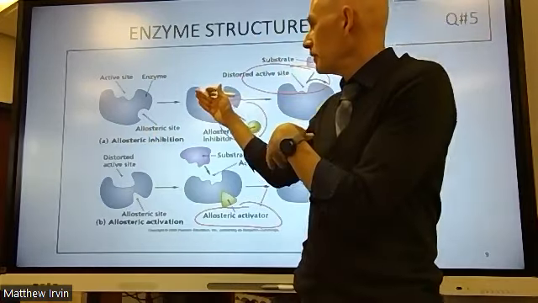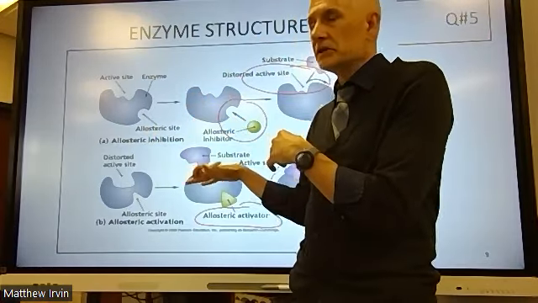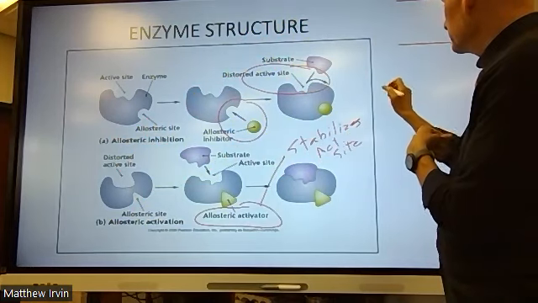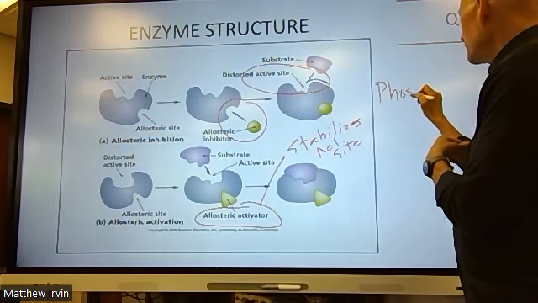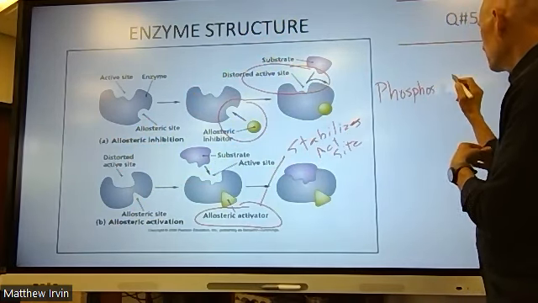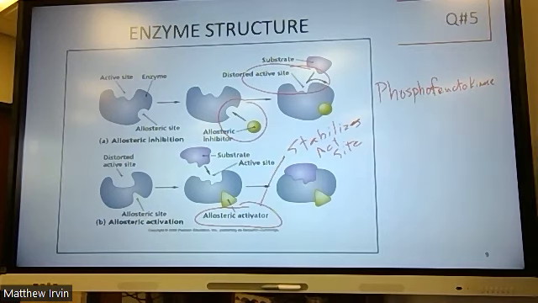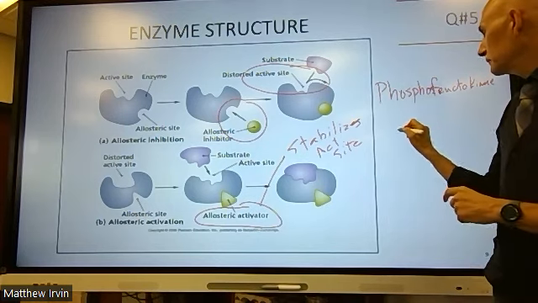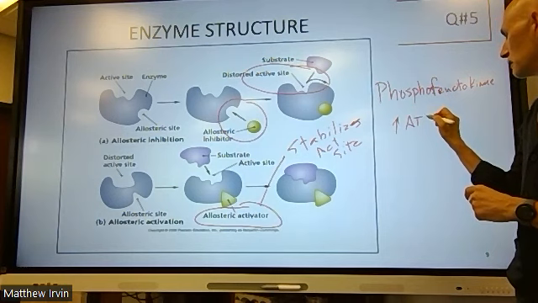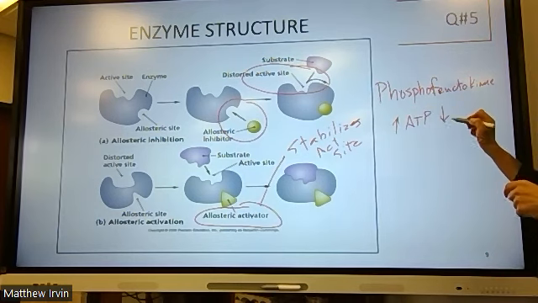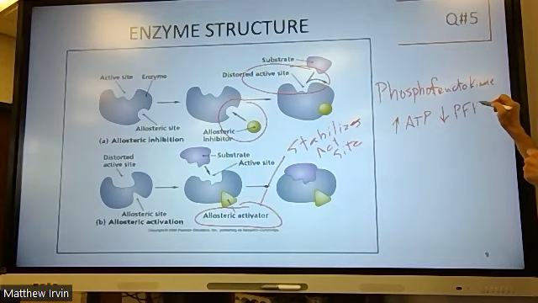So we see both allosteric inhibitors and allosteric activators in phosphofructokinase, which is our regulatory enzyme in glycolysis. When you've got lots and lots of ATP, that is going to downregulate your phosphofructokinase, which we're going to label PFK.